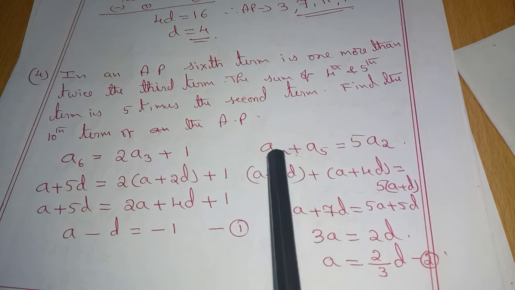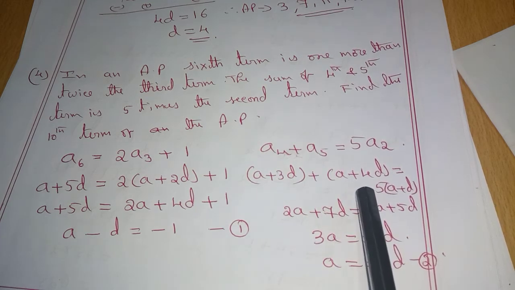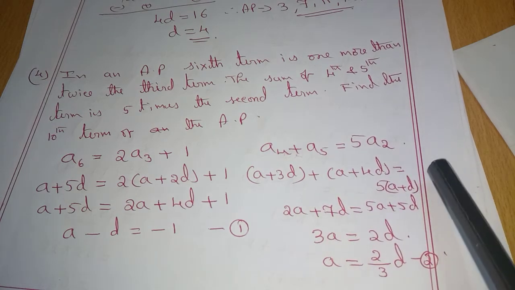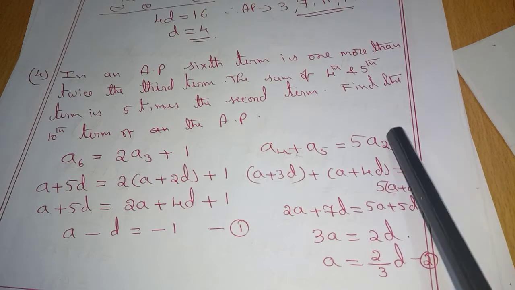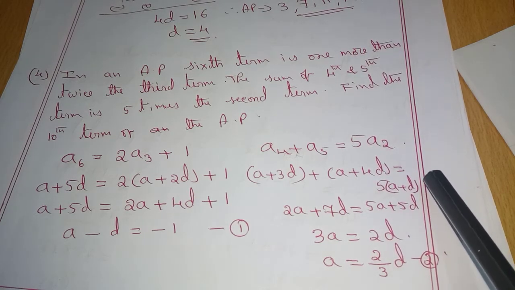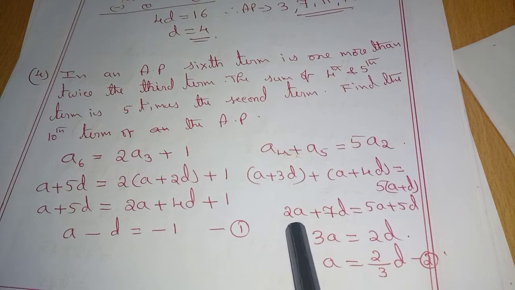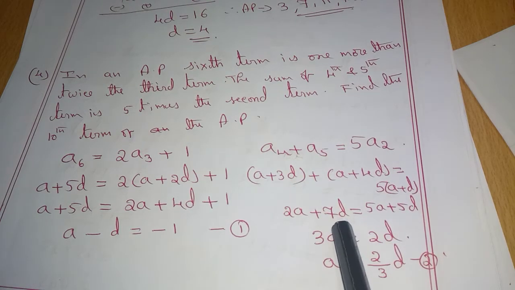Continue. A4 will be written as A plus 3D. A5 will be written as A plus 4D. In between plus is equal to 5 into A plus D. A2 will be written as A plus D. It is 2 times A, therefore 2 into A. 3 plus 4 is 7, 7D.